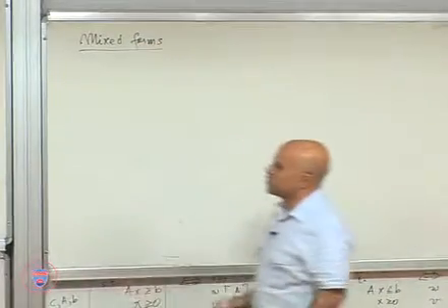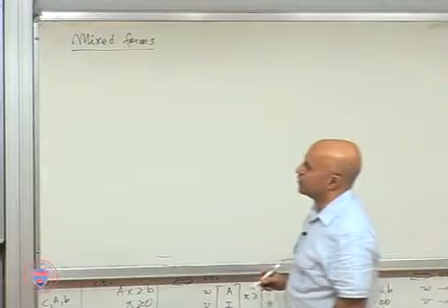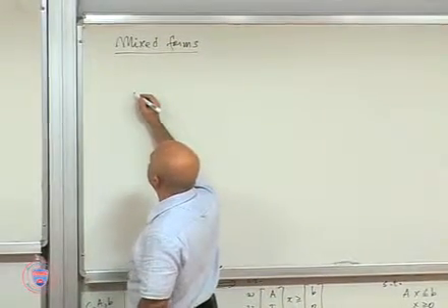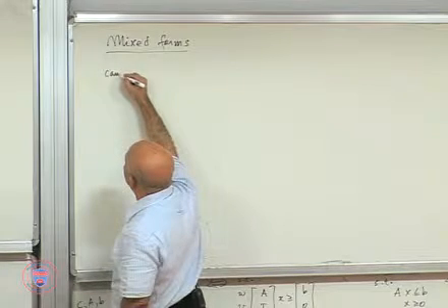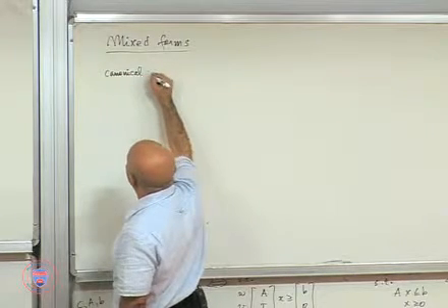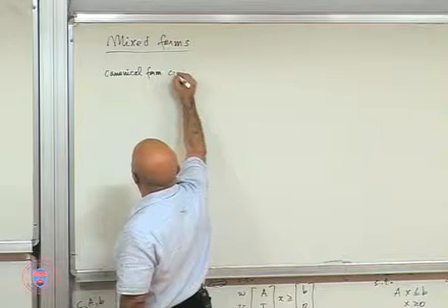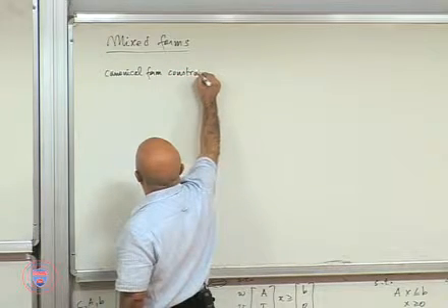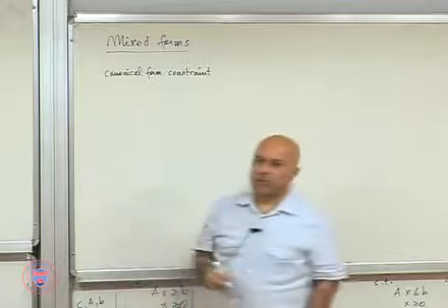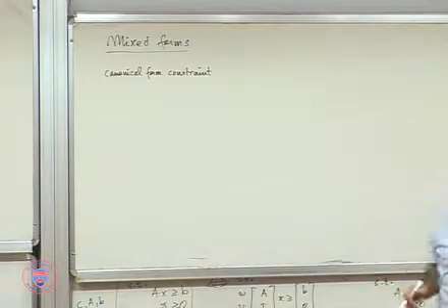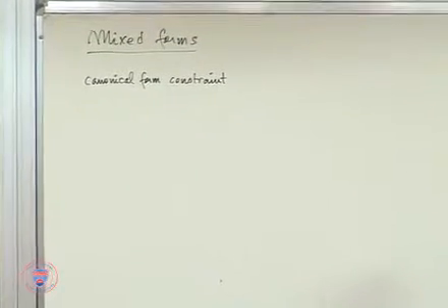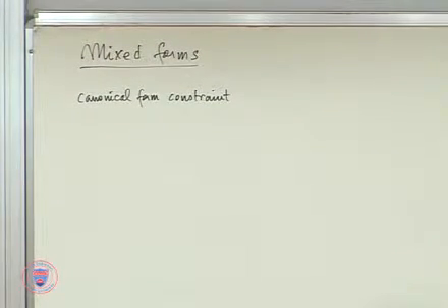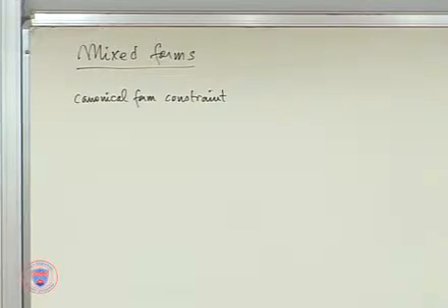For mixed forms, let me just give you a few pointers here. If you have a canonical form constraint in one problem, so we're considering primal dual pairs. By the way, the dual of the dual is always the primal, so maybe you should make a note of that.